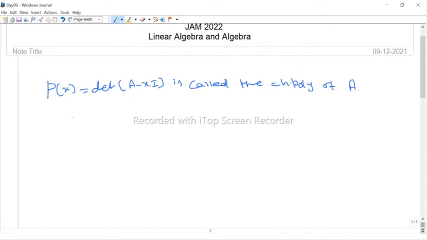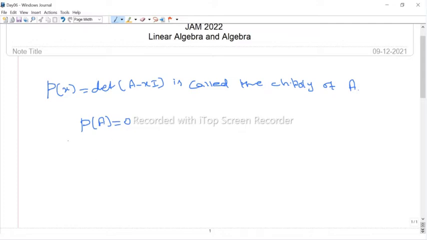Okay, and then the Cayley-Hamilton theorem says every square matrix A satisfies its characteristic polynomial, that is P of A equal to 0. That is very important.